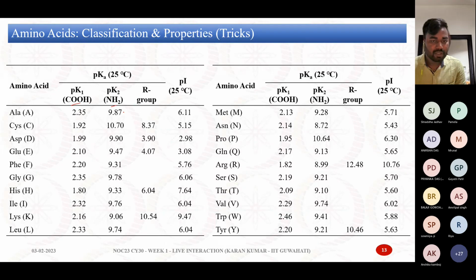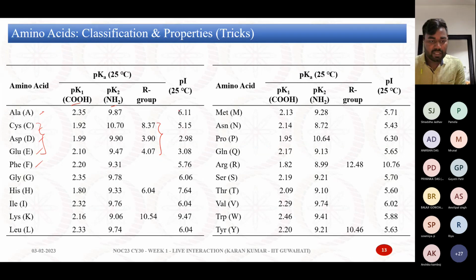So that is why the R group pK value is not given. But cysteine, aspartic acid, glutamic acid have either a carboxylic group or an SH group in their side chain. Because of that, they have another pKa value for their side chain, right?